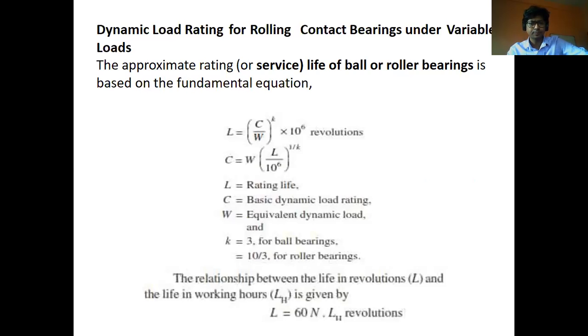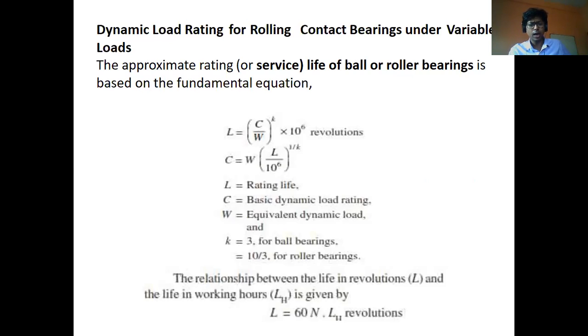And this is the dynamic load rating of the roller contact bearing. This is the equation. L equal to C by W, where L is the life, and C is the basic dynamic load factor. C0 is the static one, and C is the dynamic one.